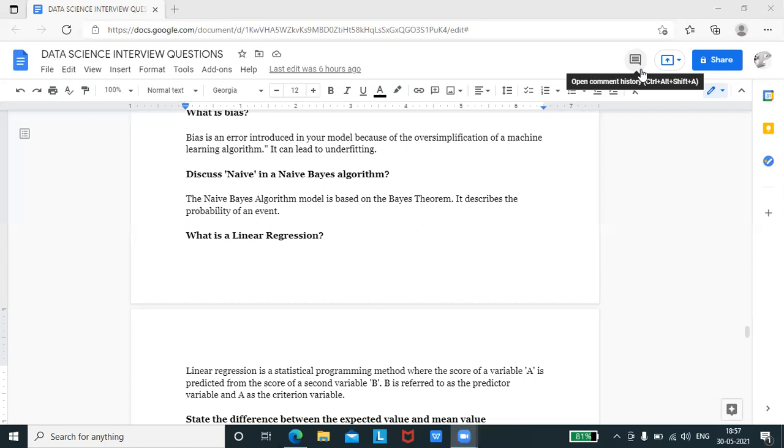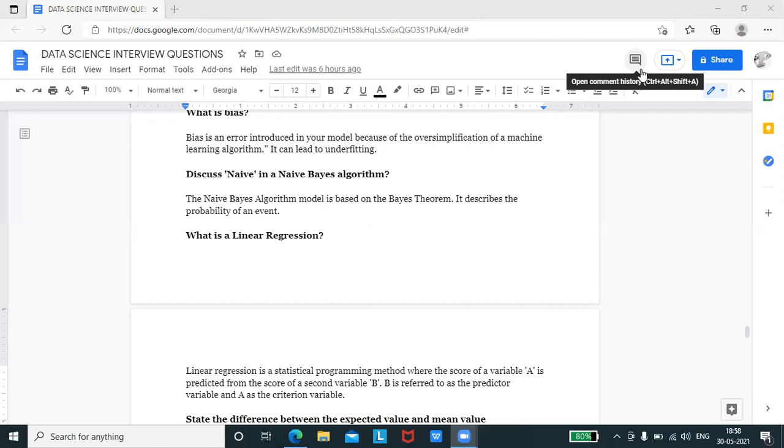Since linear regression shows the linear relationship, it finds how the value of the dependent variable is changing according to the value of the independent variable. So in this regression, x is the independent variable and y is the dependent variable.